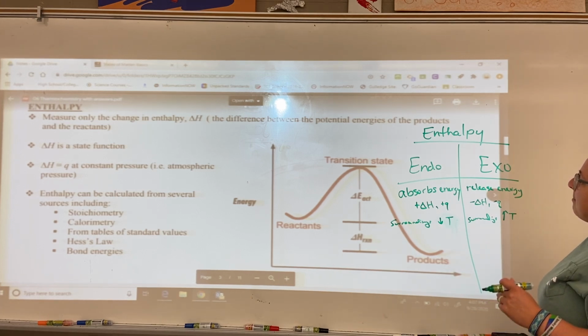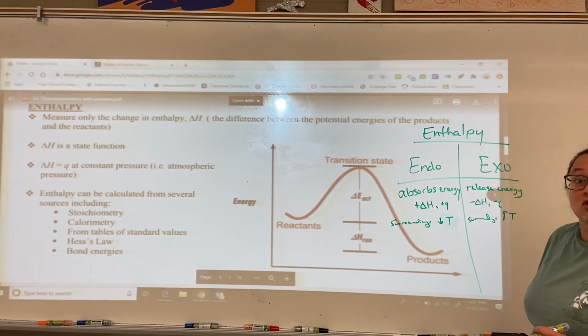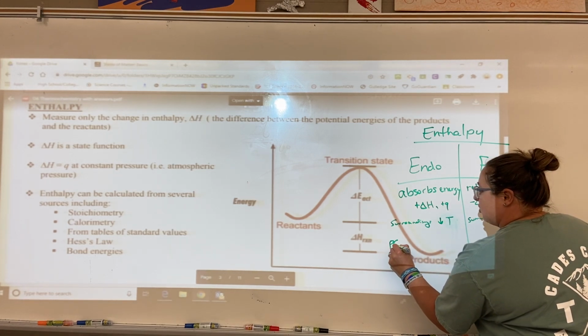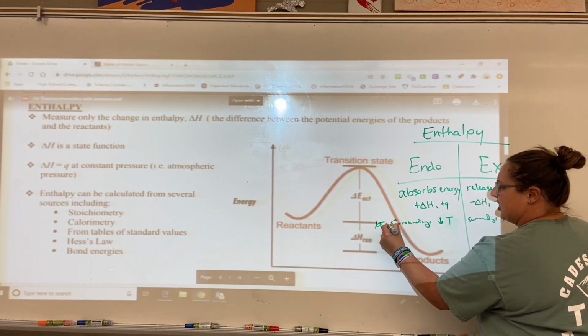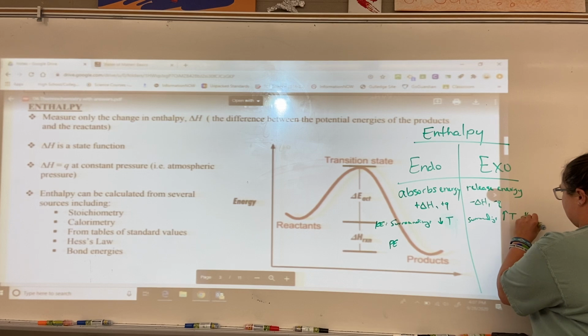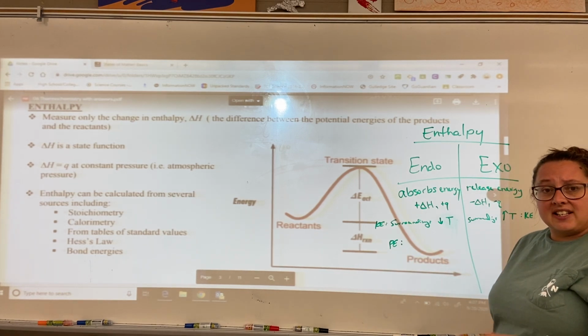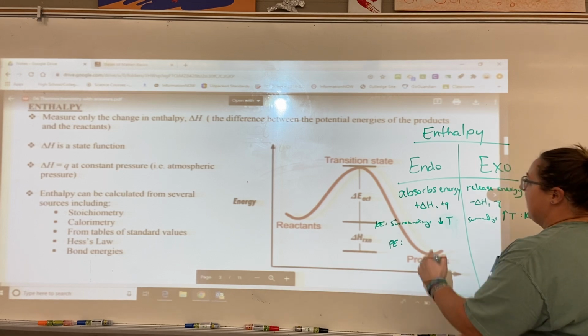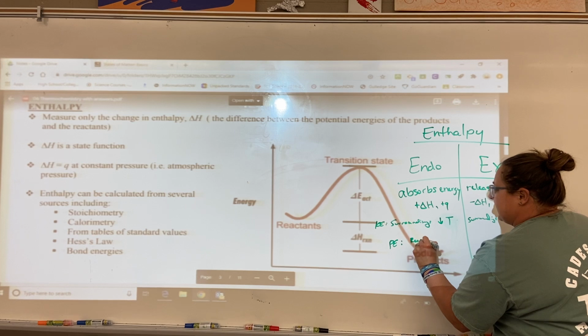Now, what about endothermic versus exothermic in the form of our potential energy? Remember, you see how our temperature takes care of the kinetic energy aspect? For our potential energy aspect, remember that's the energy stored in the bonds. If I am absorbing energy, that is my reactant side.